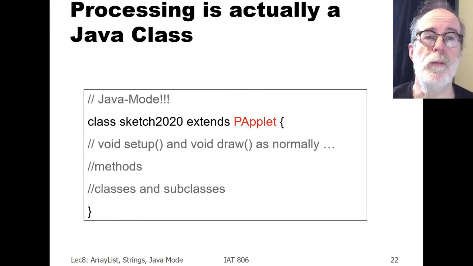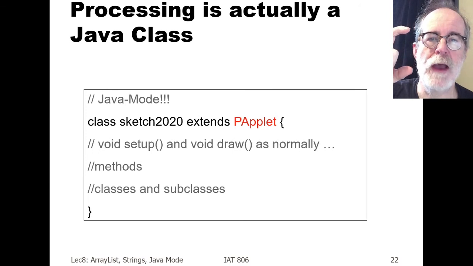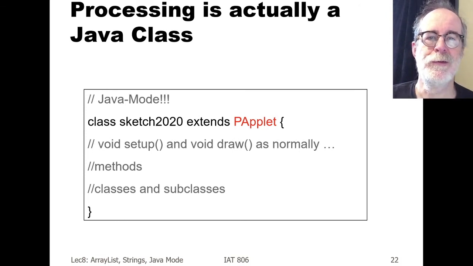So getting back to processing, if you're putting in void setup and void draw and defining methods and some classes and subclasses, what you're doing is actually defining that stuff to be within this class sketch, which extends PApplet. Without explicitly saying so, that code is being put within the PApplet that contains all that stuff. And that's a real convenience, and that's the reason why each of these modes work.